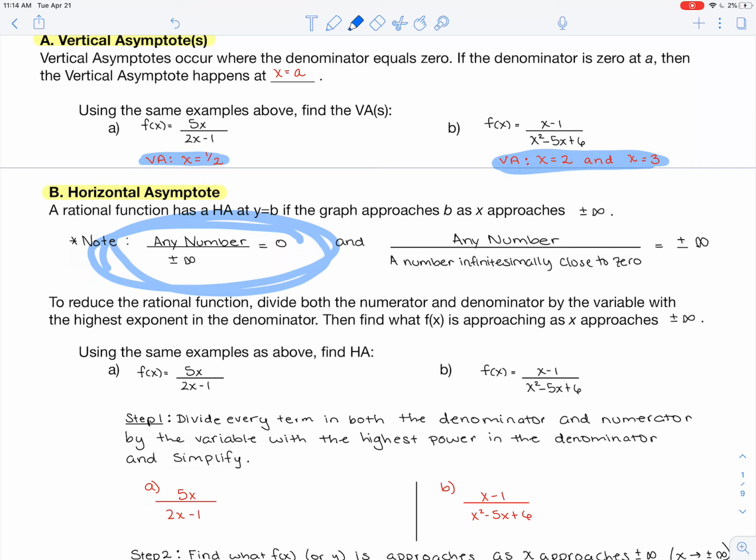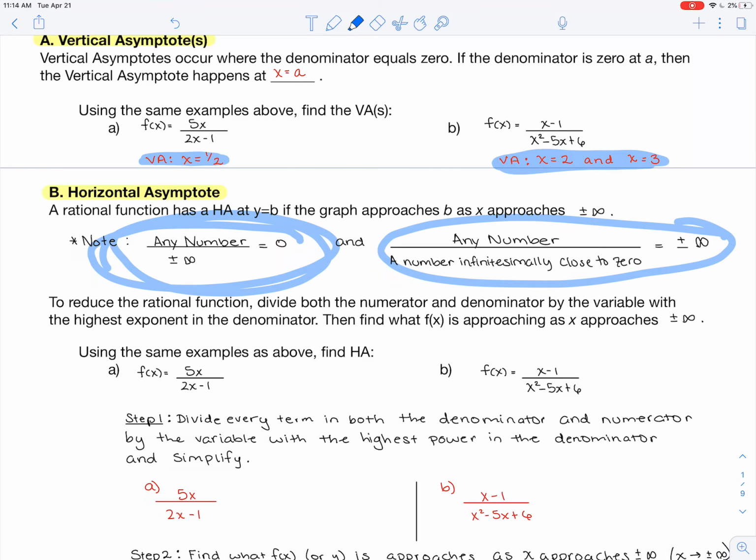Now let's take a look at the second fraction. If you have a number and you're dividing it by a number really close to 0, then you're going to get a huge number. An easy way to check that is to grab your calculator and divide 3 by 0.01, and then 3 by 0.00001.